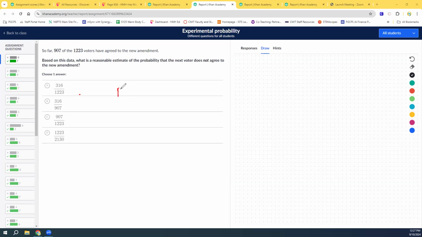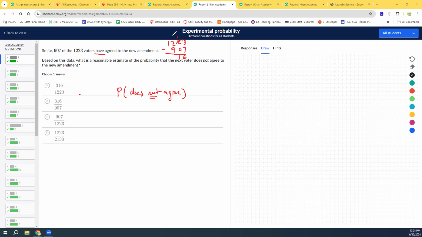So we want the probability that the voter does not agree. We're going to pick someone and they don't agree. So far, these people have agreed to the new amendment. How many people have not agreed? Out of the total, we must subtract the amount that agreed to get the amount that have not agreed. So that is what I will do.